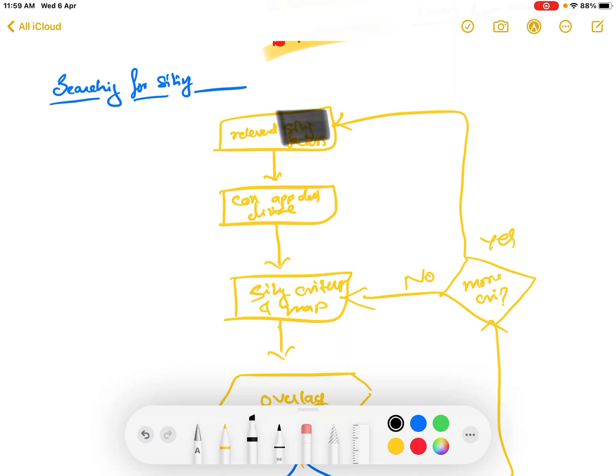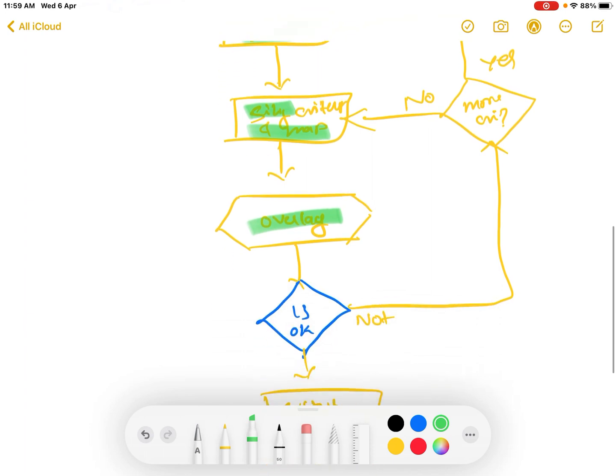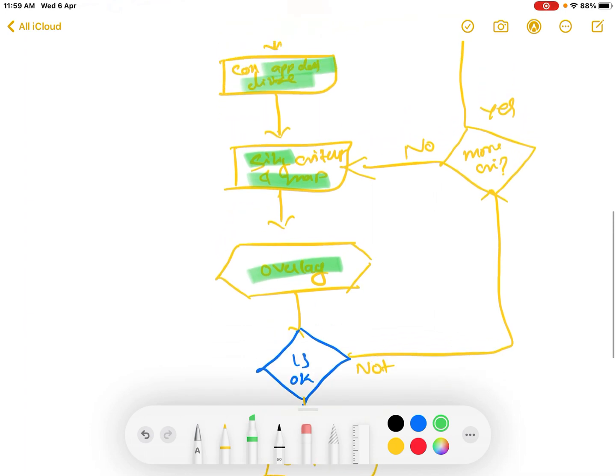So I will tell this once again. First, you have to identify the relevant siting factors. Next, we are going to collect appropriate data and we are going to digitize them. Then we are going to identify the new siting criteria and we are mapping it.